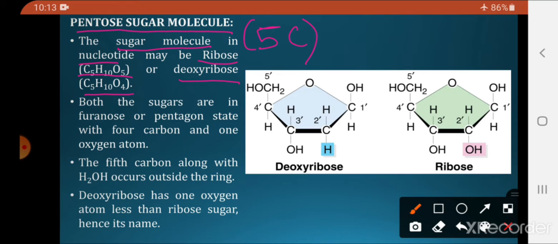Ring form. So both the sugars are in furanose or pentagon state. Furanose or pentagon, that is, it is a 5-ringed structure.